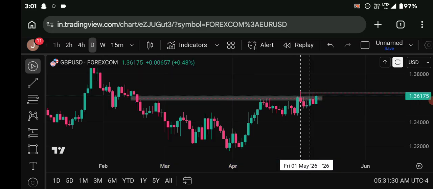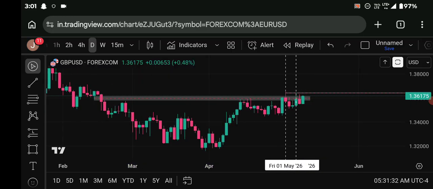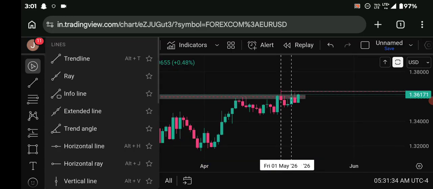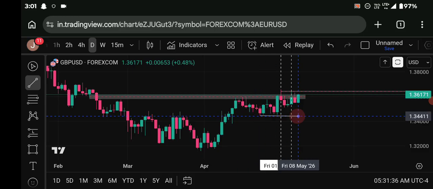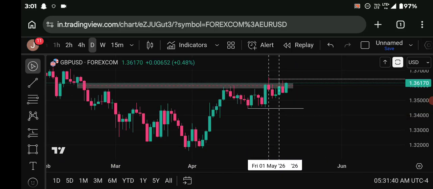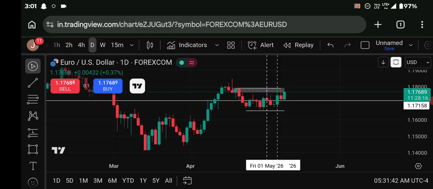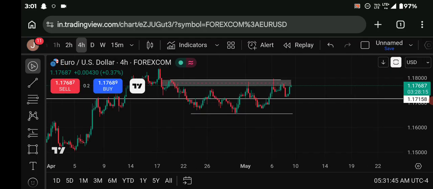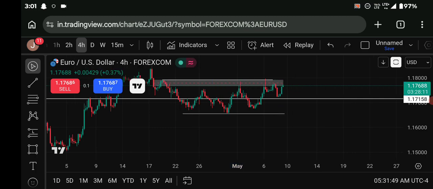From this daily bearish fair value gap to this sell side liquidity, the minor one, would be a higher time frame target. And on the euro chart, 4-hour bearish fair value gap to this sell side is our higher time frame target.